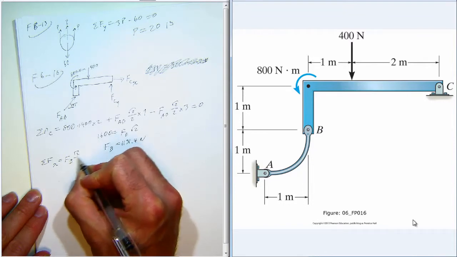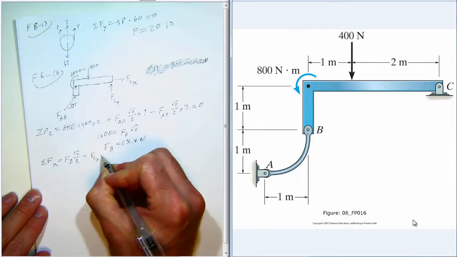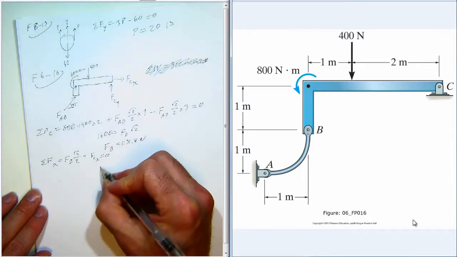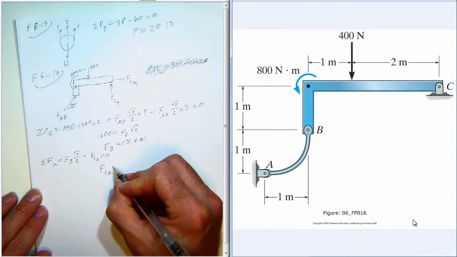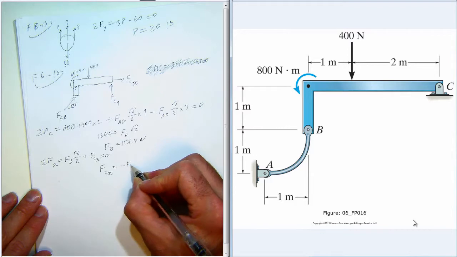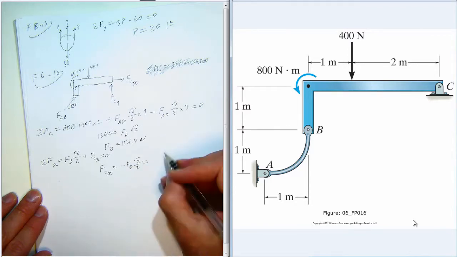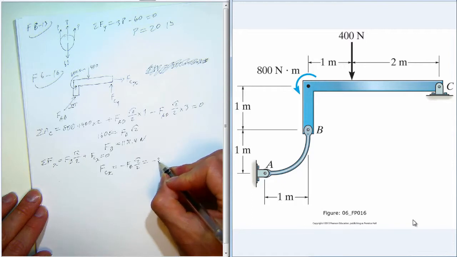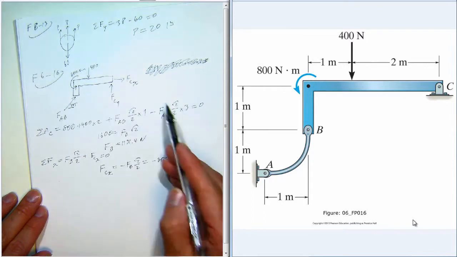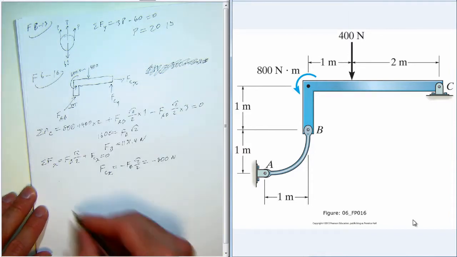X component of FB gives us that FCX is equal to negative FB square root of 2 over 2, which is negative 800 pounds. I'm sorry, 800 newtons.